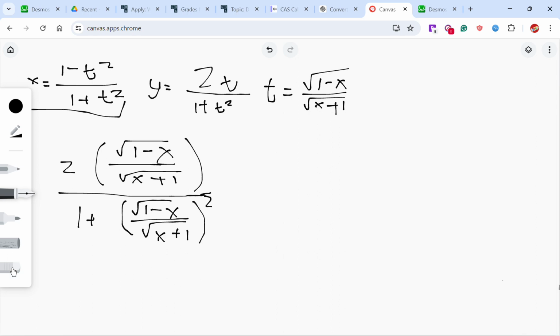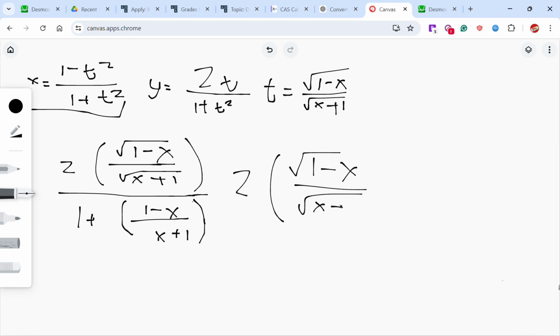This turns into, we could get rid of this, and that means that we also get rid of, give me a second. Okay. That's how you get rid of the square roots there. And now we just write this again. 1 minus x over x plus 1.